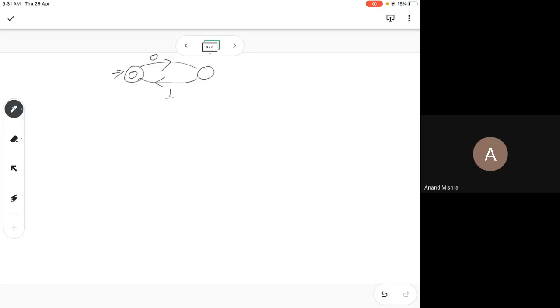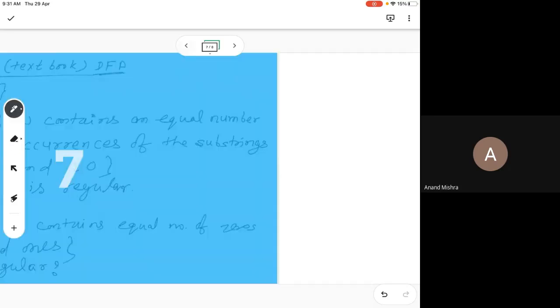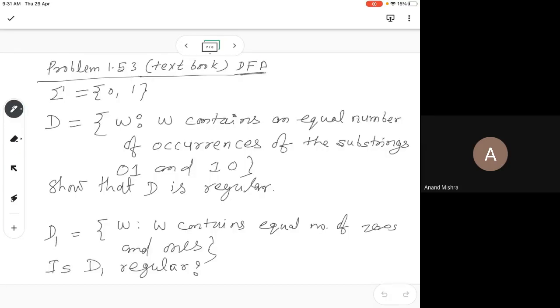But what is the transition for one here? What is the zero transition here? That is not defined, right? So we need to define that. So you cannot actually do this. So you may not be able to find a finite automaton for the second language.